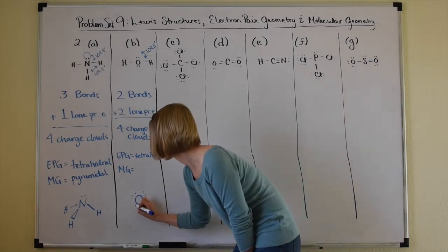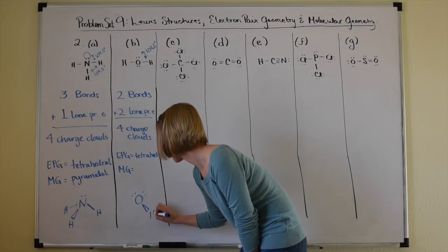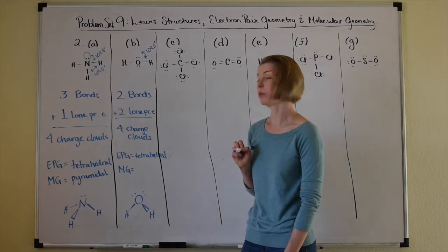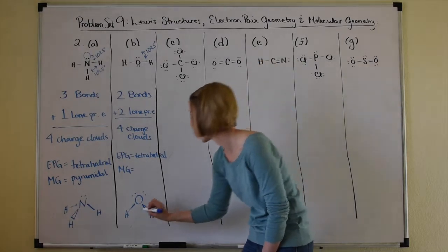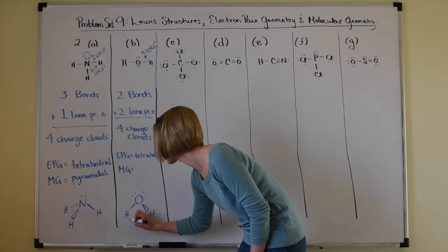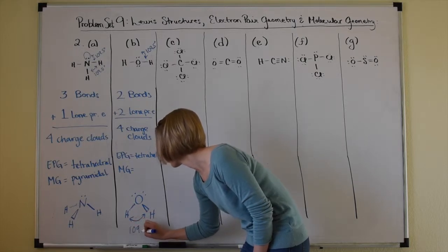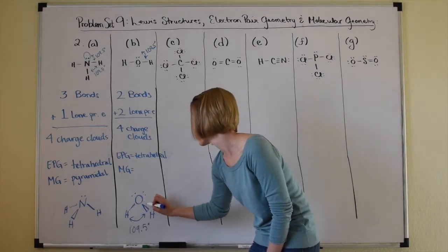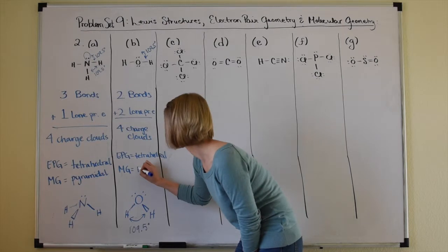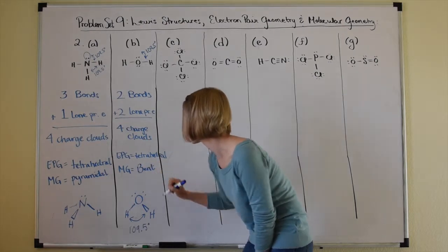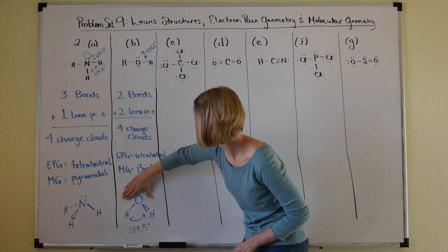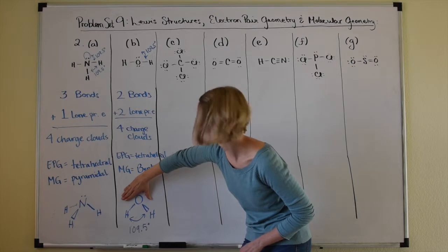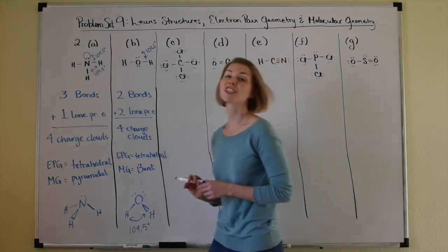And then one of our hydrogens would be coming out and 1 would be going into the plane of the whiteboard. So this angle here between the 2 hydrogens is 109.5 degrees. And the shape, the molecular geometry, is a bent geometry, because remember that the molecular geometry just looks at the shape of the atoms that are bound together in the molecule.